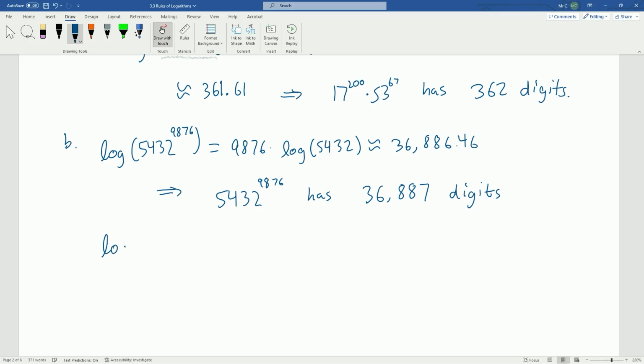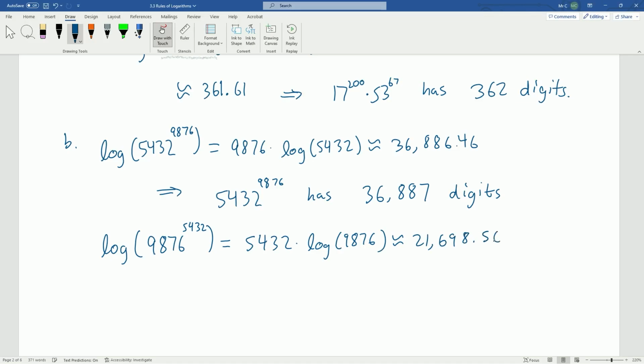Now, on the other hand, when we look at log of 9,876 to the 5,432 power, that's 5,432 times log of 9,876. And we'll plug that into the calculator. That gives me approximately 21,698.56.